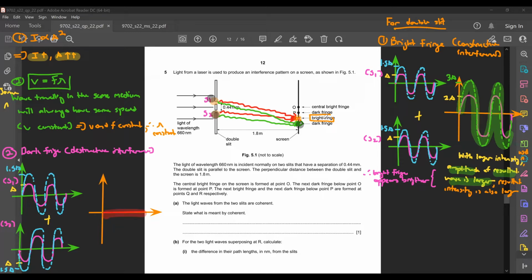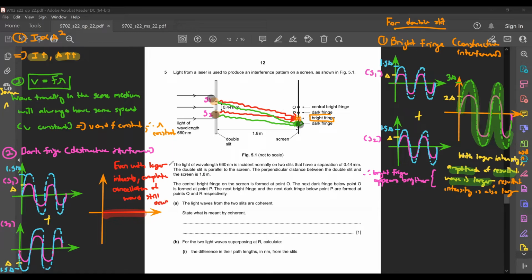Okay, so what you can say here, I'll write it in red, is that even with larger intensity, complete cancellation of waves still occurs.